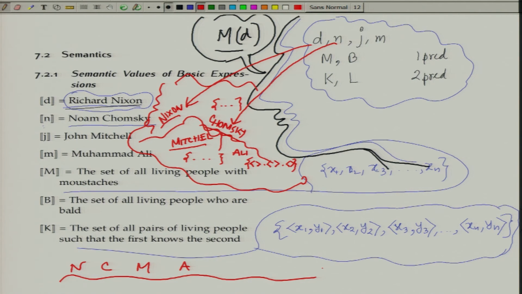So also we can define now K. Suppose Richard Nixon knows Noam Chomsky, but Noam Chomsky does not know Richard Nixon. Suppose John Michel knows Muhammad Ali, but Muhammad Ali does not know John Michel.